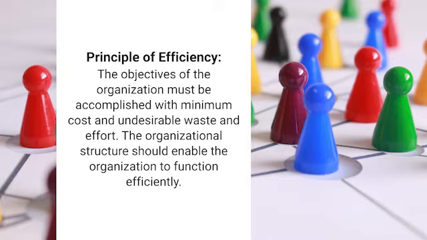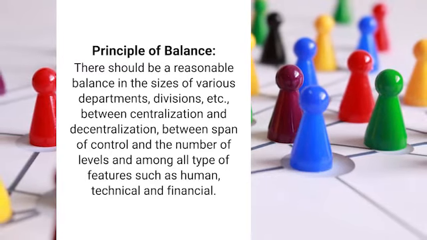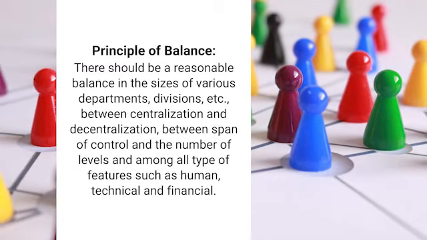The organizational structure should enable the organization to function efficiently. Then comes the principle of balance. There should be a reasonable balance in the sizes of various departments, divisions, etc., between centralization and decentralization, between span of control and the number of levels, among all types of features such as human, technical, and financial things involved.